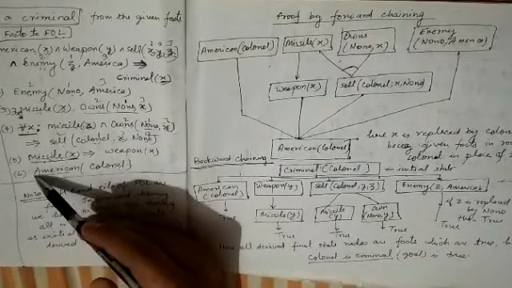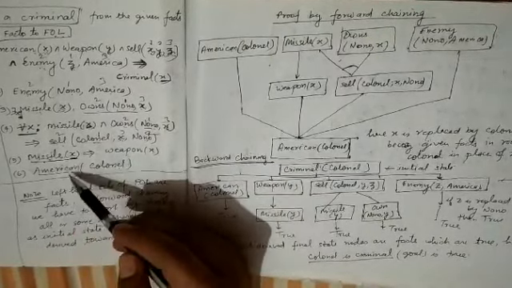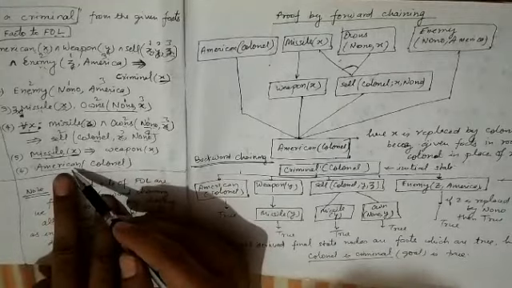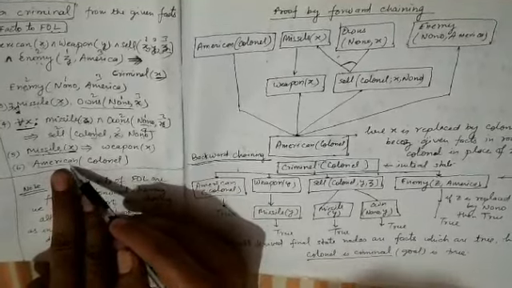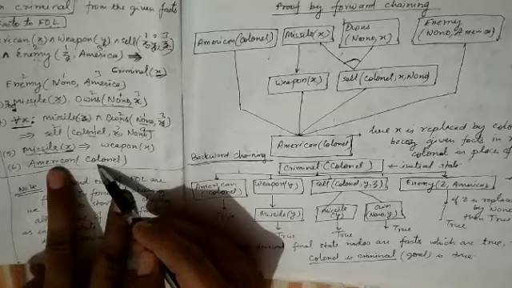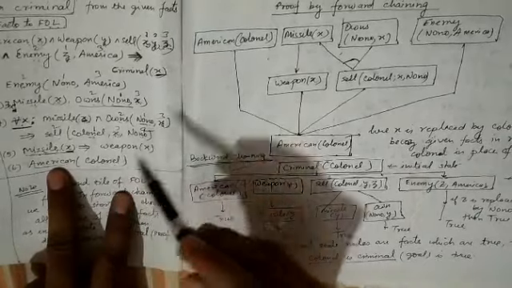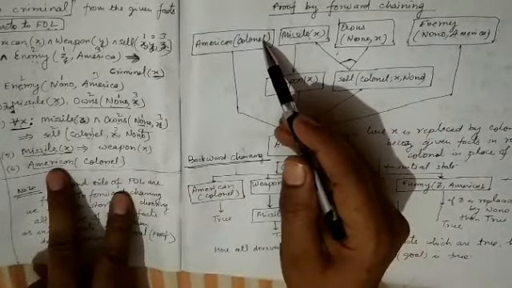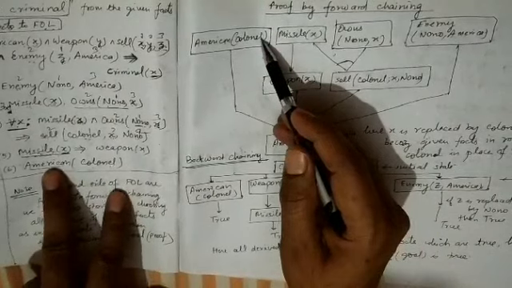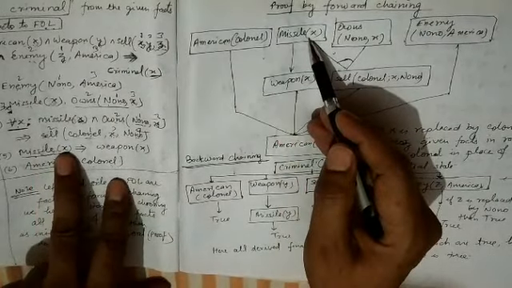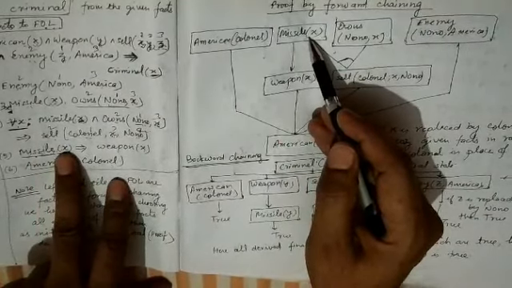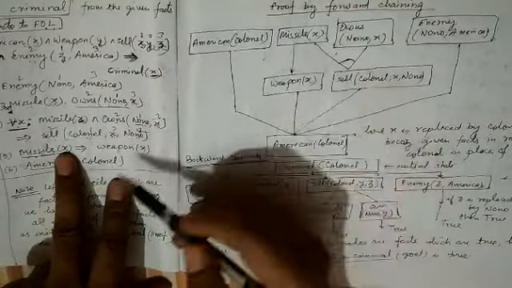We start from the small facts. The small one is American(Colonel). This is a fact, and these facts are true. Another fact is Missile(X).